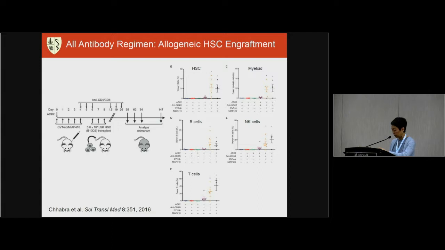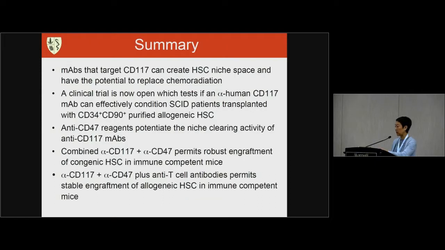And for the reviewers, we had to show that we have a stable engraftment beyond, I think it was 20 weeks. So to summarize, the monoclonal antibodies that target CD117 can create hematopoietic stem cell niche space and have the potential to replace chemoradiation. The clinical trial is now open, which tests if an anti-CD117 antibody can effectively condition SCID patients transplanted with CD34+ purified allogeneic stem cells.